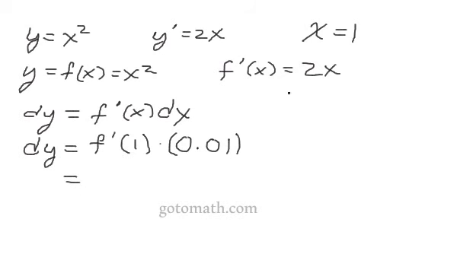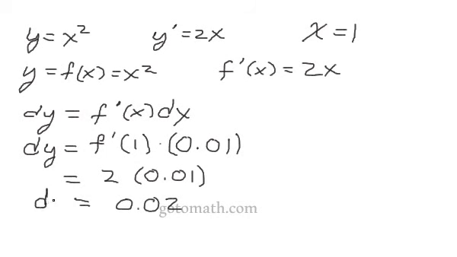So we plug this in and we end up getting 2 times 0.01, and that's going to end up being equal to 0.02. And remember that this is the differential of y here. So this is our dy, 0.02.